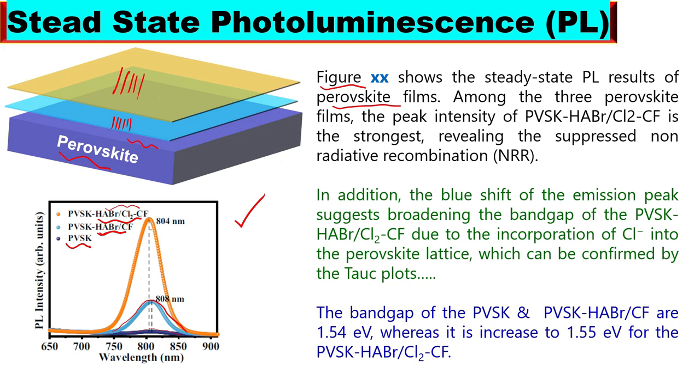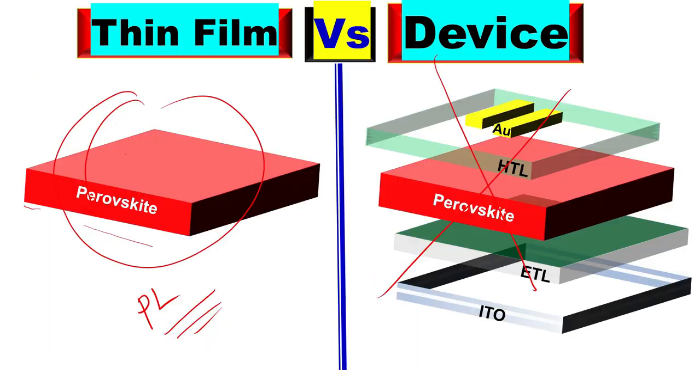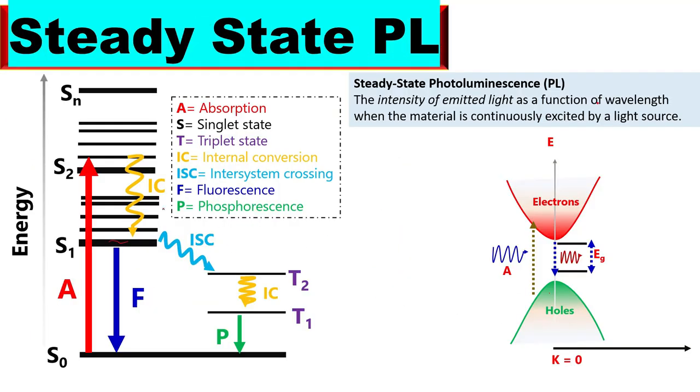So when it is the strongest, what does it reveal, what does it basically indicate? It indicates the suppression of non-radiative recombination. What are non-radiative recombinations? In photoluminescence, when we shine photons on the material, the electron is excited to higher states. In the conduction states or higher conduction states, there are defects.